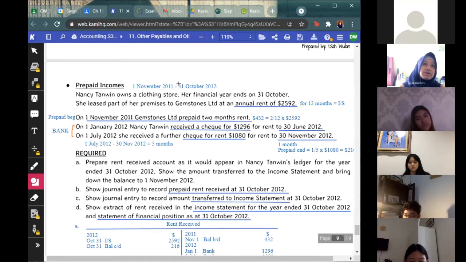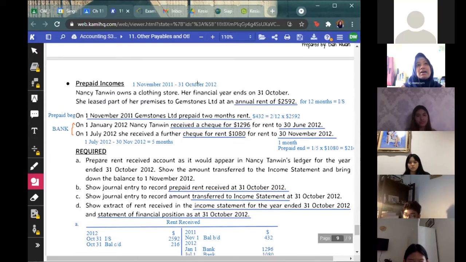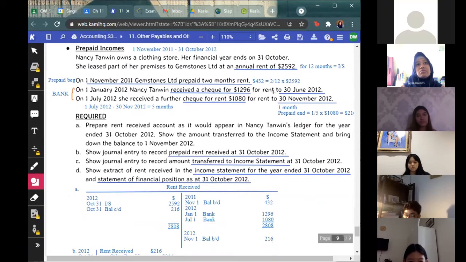Why? Because our accounting period ends on 31 October. And this payment is until 30 November, which is passing our accounting period. Now, for how many months is it passed? After 31 October 2012 to 30 November 2012 is only 1 month.